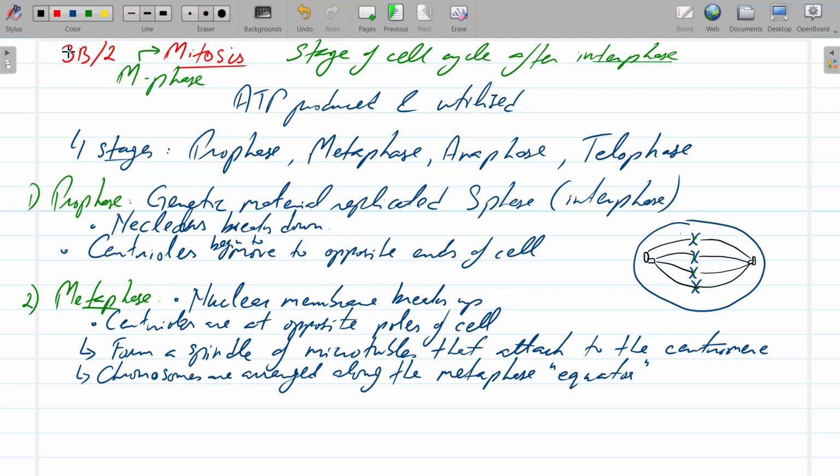The point over here is, right, this is basically explaining how it happens in a mammalian cell. In plant cells undergoing mitosis, there's no spindle forming, because they do not have centrioles.